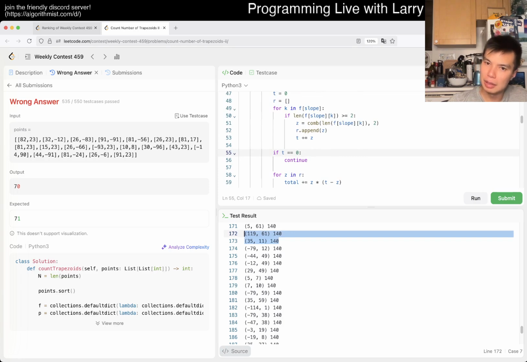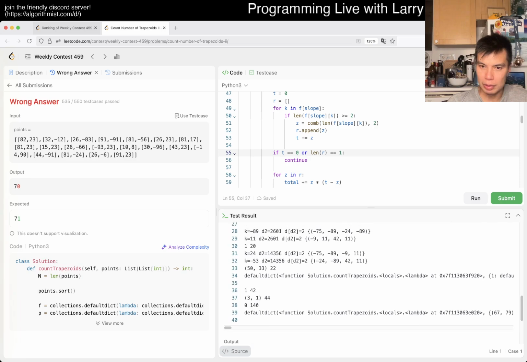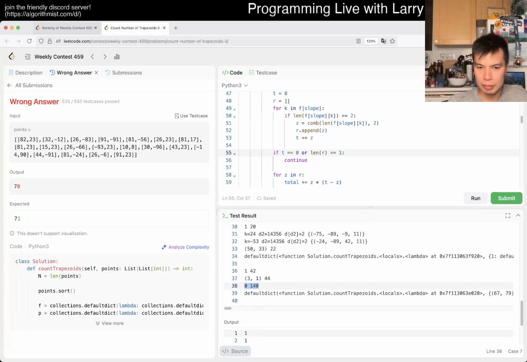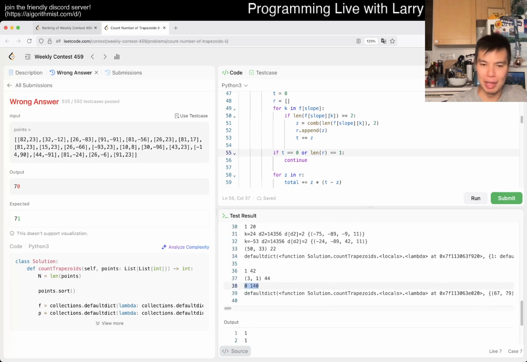Okay, but now it's even shorter. Actually, they're all vertical or horizontal. Huh. Is it possible that I missed one? I'm undercounting, so I was still thinking about parallelograms, honestly.